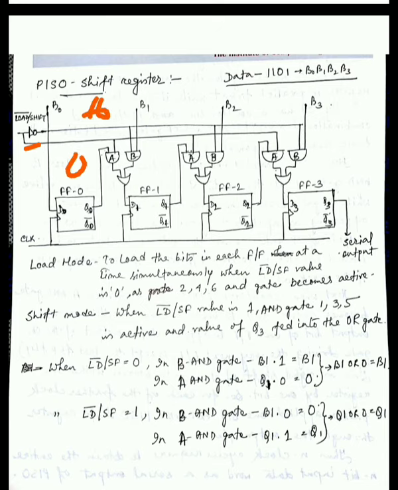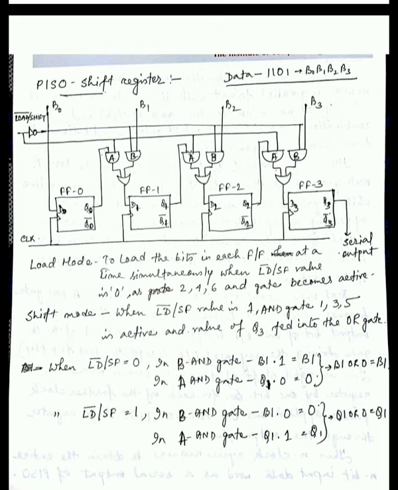If this is 0, this is 1. This is the complement form. Again I am explaining, mind it, there are two lines from the same input value. If it is 0, the upper line is 1 and the below line is 0, and if it is 1, the upper line is 0 and the below line is 1. So the complemented line is added with the B gate and the direct line is added to the A AND gate.